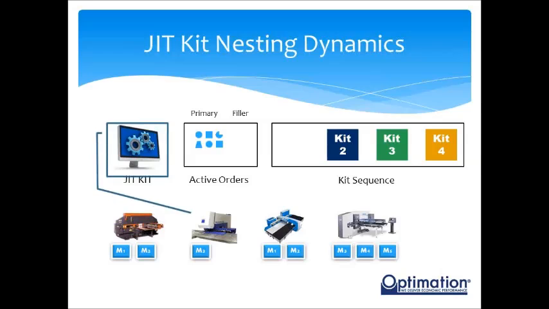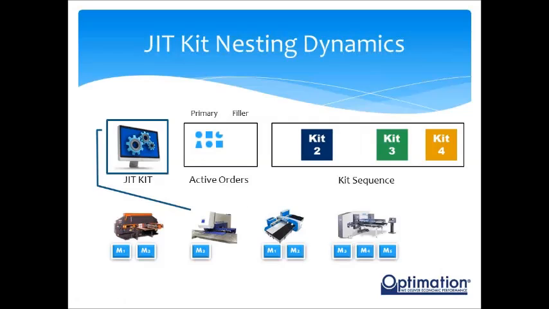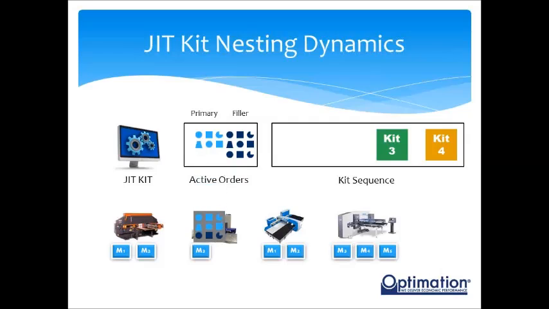When the next machine asks for a nest, you might find that we will not be able to make a full nest, that there's too much scrap on this nest, too little material efficiency. We're going to explode the next kit and add some of those parts to fill out the nest and send it on to the machine, blending the end of the primary kit, the one we must complete, with the next kit, the filler kit.